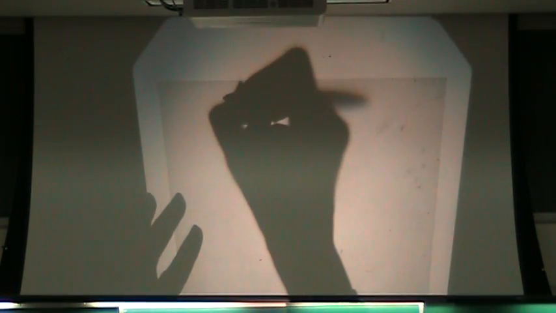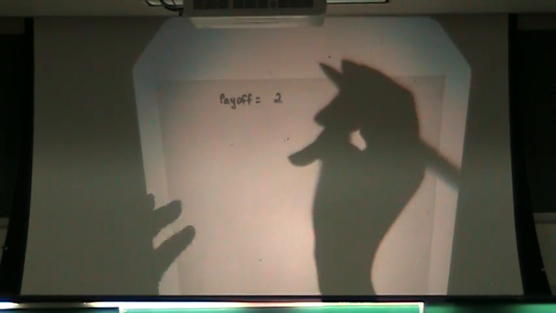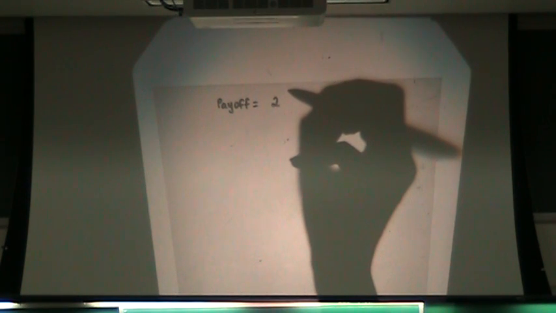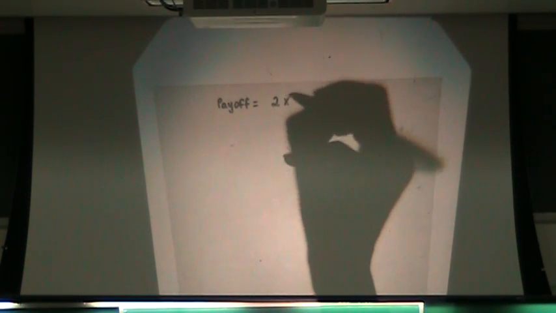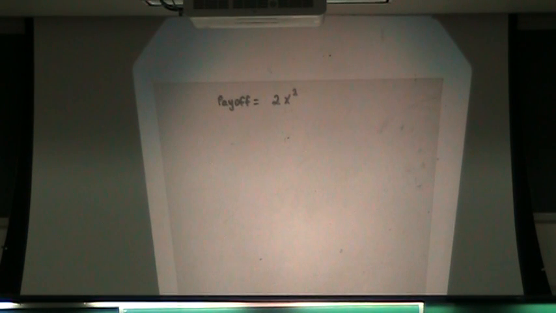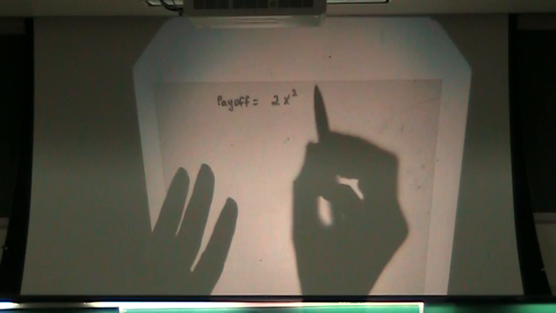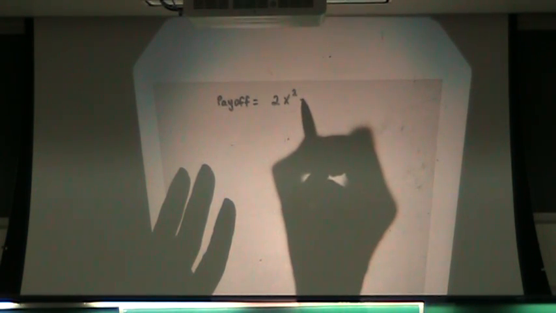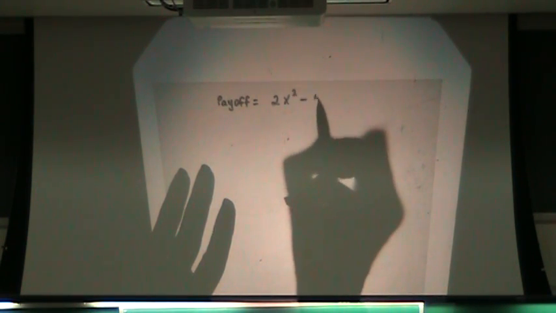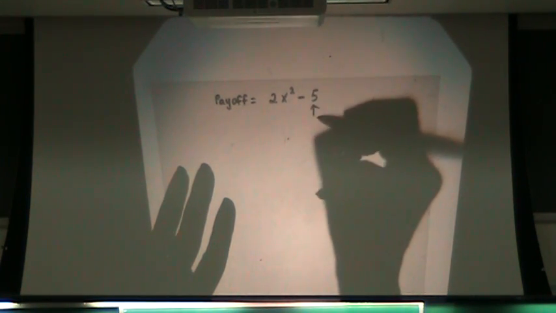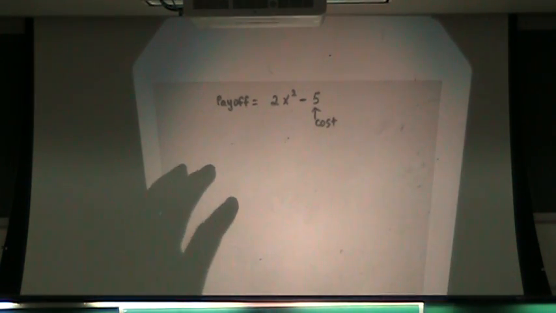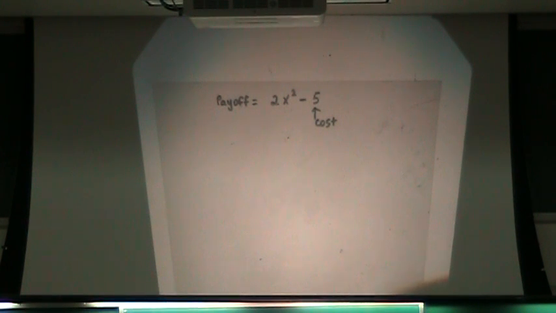So here, the payoff will be 2 times what shows up, the square of what shows up on the die. 2 times the square of what shows up on the die. But it's going to cost you $5 to play this game. Should you play this game?